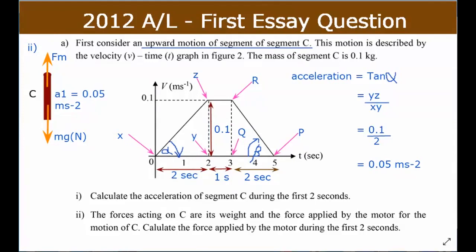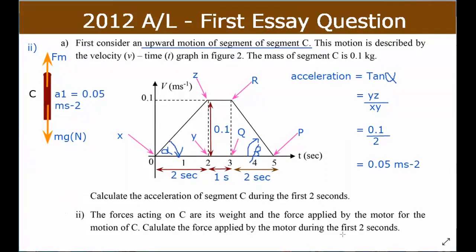Right. So let's just apply F equals ma. By applying F equals ma to this segment C, you can find the force. So we must indicate the direction. Do not forget to indicate the direction, vertically upward.